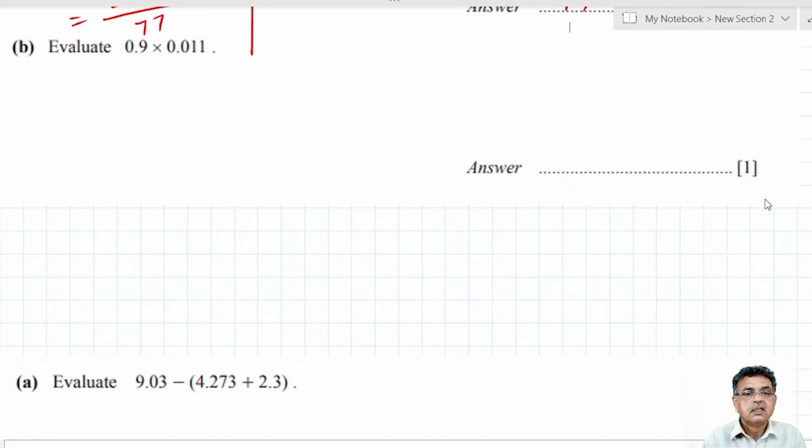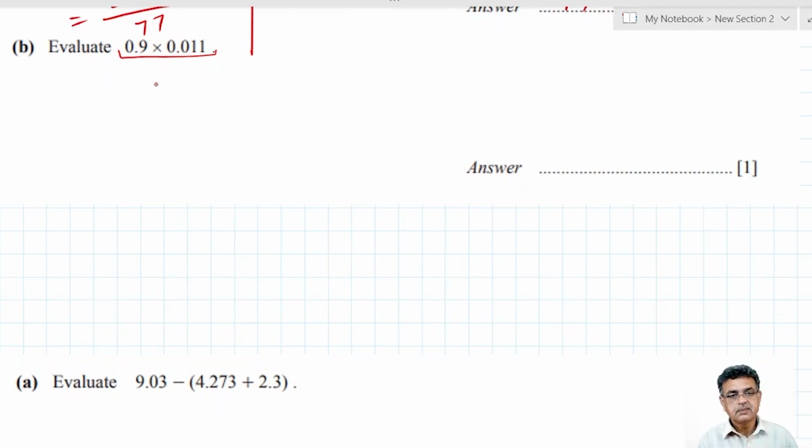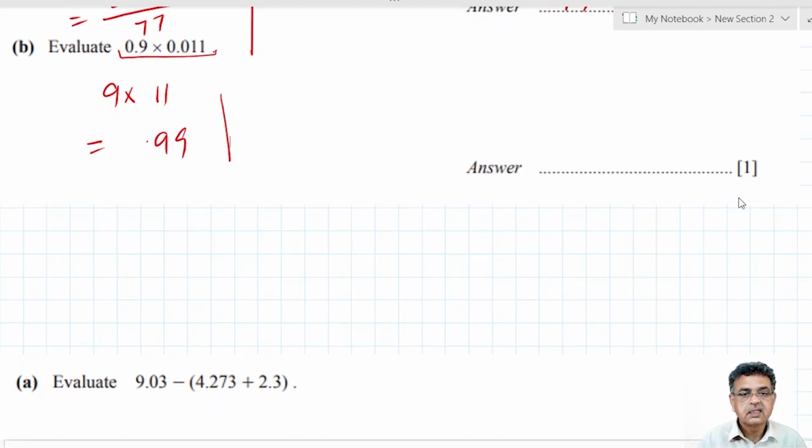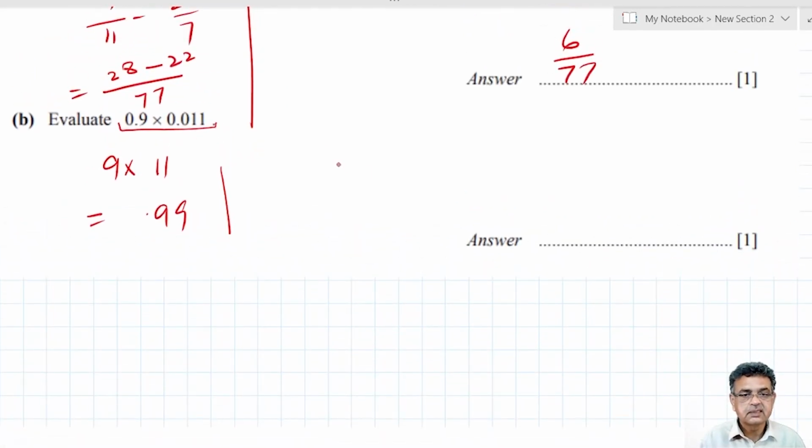Okay, now this question, once again, consider this question as a technique. Whenever there are numbers with decimals that are multiplied, ignore the decimals and simply multiply the numbers, which gives you 99. After that, count the number of decimal places.